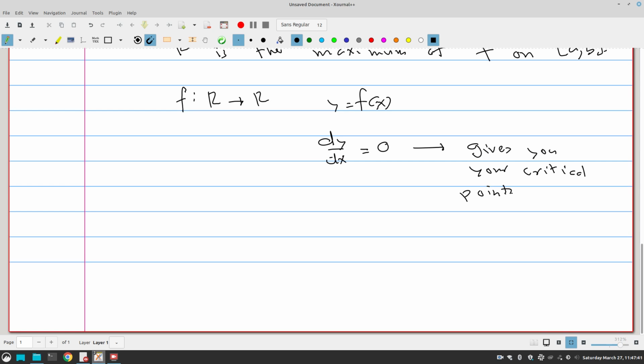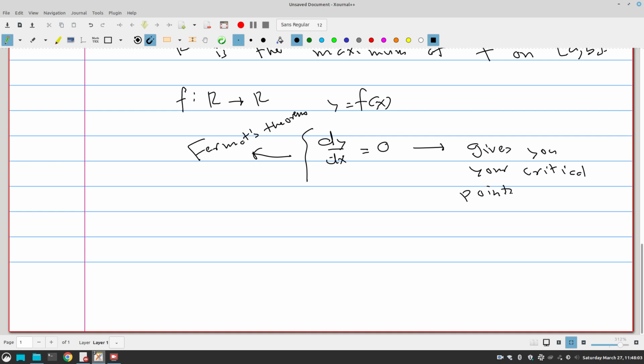By the way, this is called Fermat's theorem. Not Fermat's last theorem, Fermat's theorem. But how would you do this in multivariable calculus?